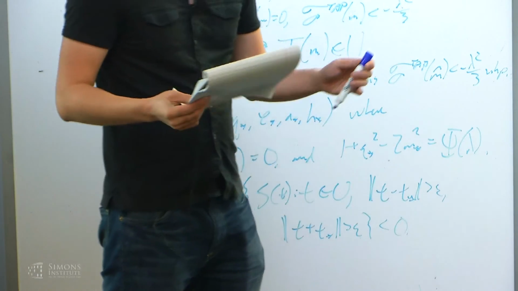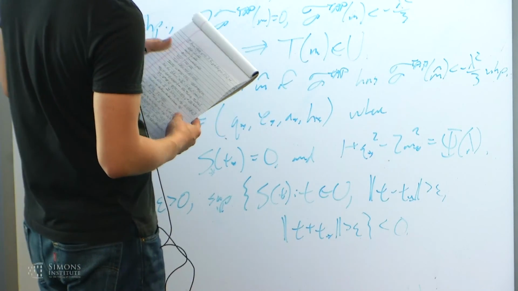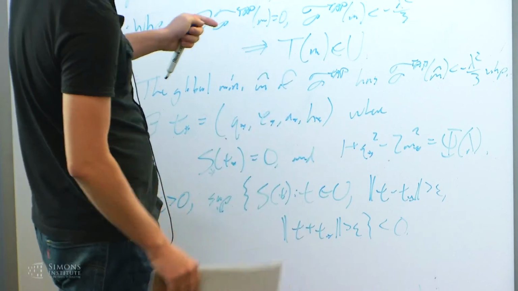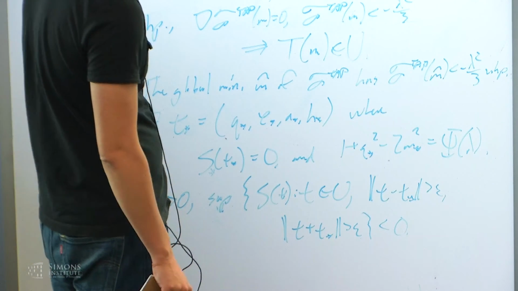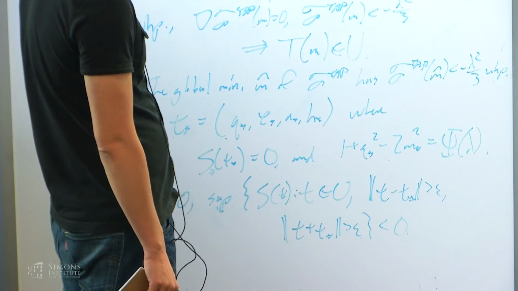Also, can you give some intuition? Why do you expect so many critical points? Why do we have, for example, possibly an exponentially large number of critical points? Because the model is very simple, right? I don't have much of an intuition for that.